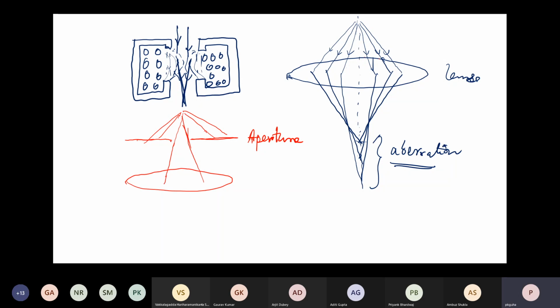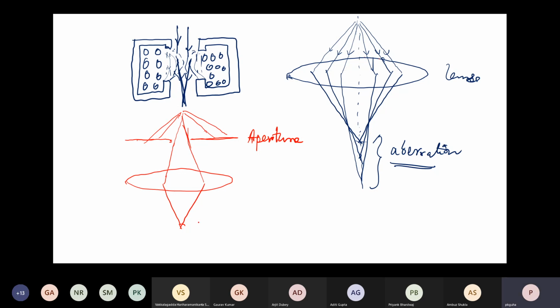This will then reduce the aberration, because not all the beams are interacting with the lens, only the beam closer to the center will interact with the lens. So you will end up with less aberration.